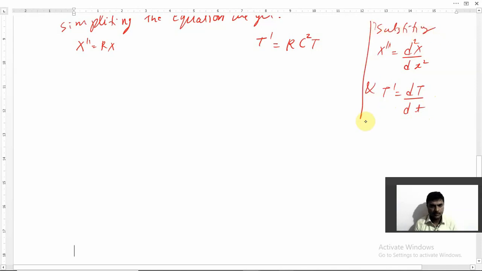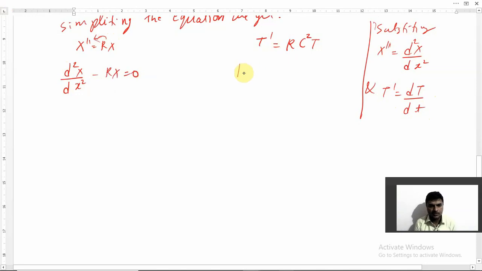Substituting, so I will write this equation as d square x upon dx square. Rx I will bring on the left hand side, so this will become minus Rx is equal to 0.